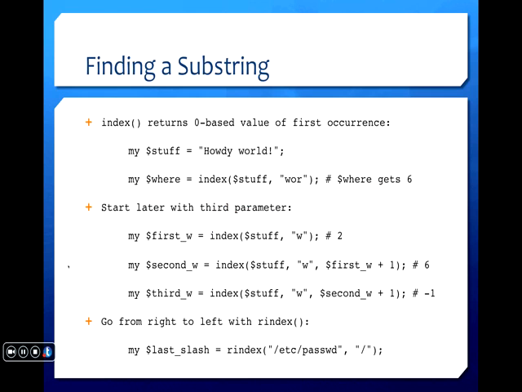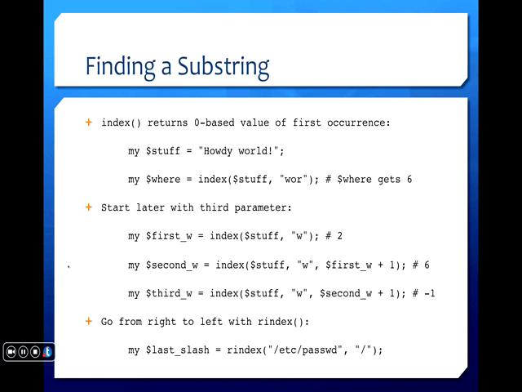It searches for that short string in the long string and returns the value where that string starts, and the indexing is 0 based. So in this case, I am searching for WOR inside "howdy world", and since it starts from 0, the W is at location 6.